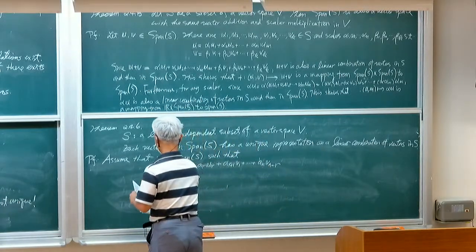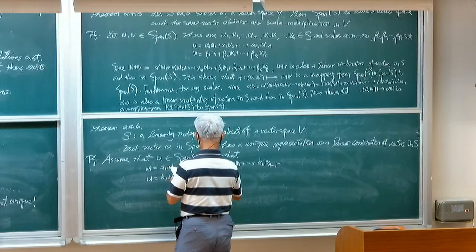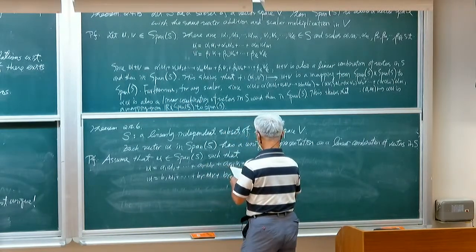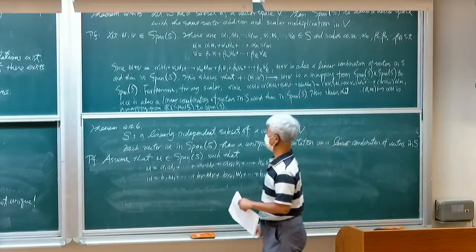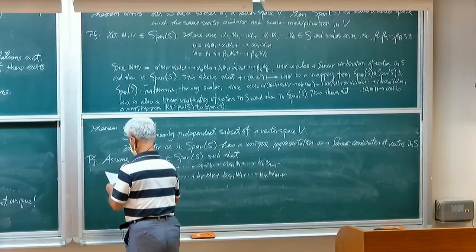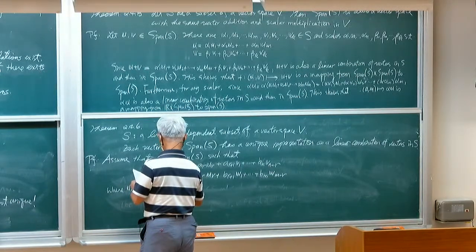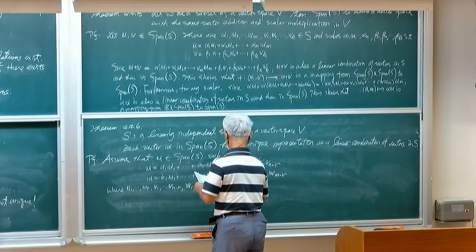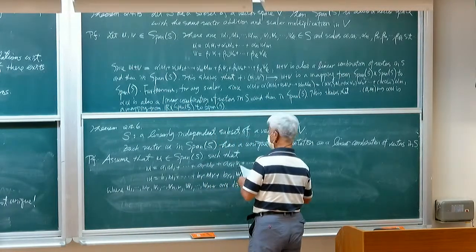Okay, and U is equal to B1 U1 plus ... plus BR UR plus BR+1 W1 plus ... plus BM W(M−R), where U1 up to UR, V1 up to V(N−R), W1 up to W(M−R) are distinct vectors in S. Okay, right?